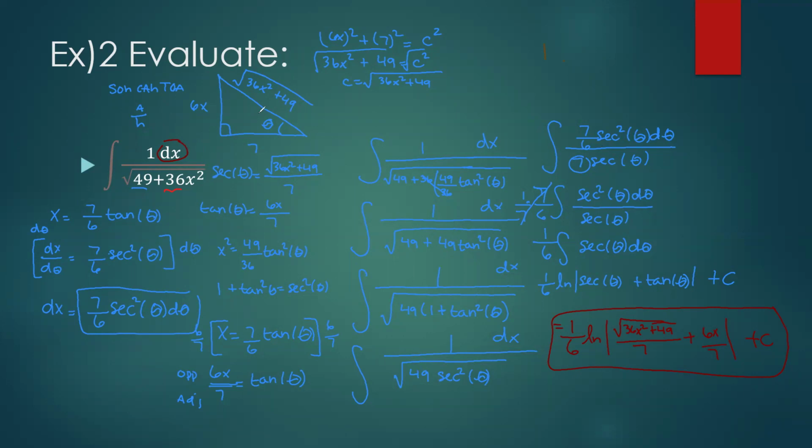Draw a right triangle and do the SOHCAHTOA, figure out any missing legs, and find secant theta and tan theta. And that's it. That is your final answer. So our final answer is 1/6 ln of the absolute value of the square root of 36x squared plus 49 all over 7 plus 6x over 7, absolute value, plus c. Okay, that's it. I'm going to stop here.